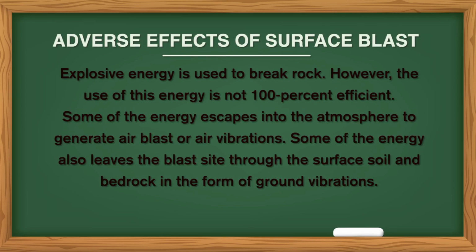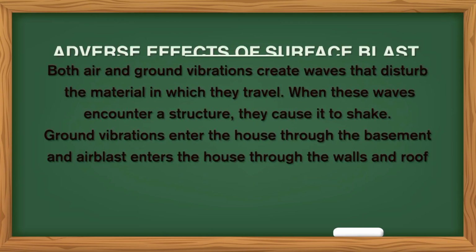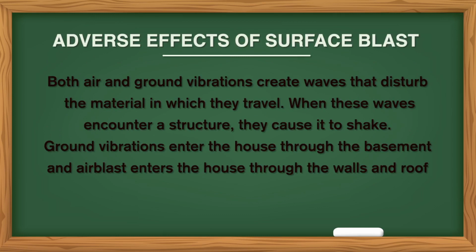Some of the energy escapes into the atmosphere to generate air blast or air vibration. Some of the energy also leaves the blast site through the surface soil and bedrock in the form of ground vibration. Both air and ground vibration create waves that disturb the medium in which they travel.